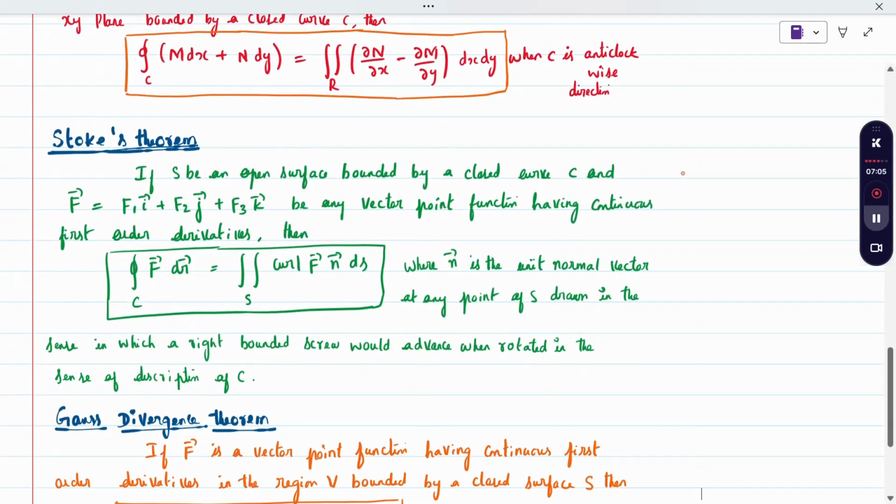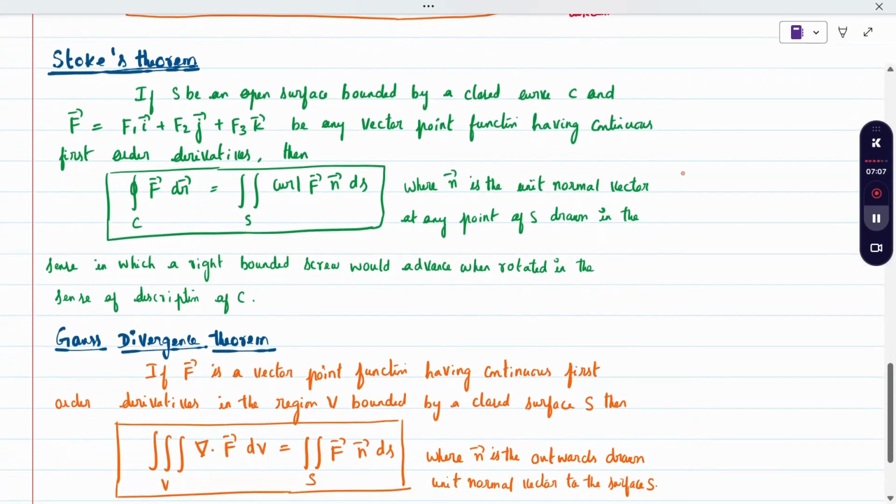The Stokes theorem: the statement is needed, proof is not needed. If S is an open surface bounded by the closed curve C, and F vector is F1 into i vector plus F2 into j vector plus F3 into k vector, any vector function having continuous first order derivatives, then we can write the Stokes theorem: single integral over C of F dot dr is nothing but double integration over S of curl F vector dot n vector into ds. Don't forget it is a curl.